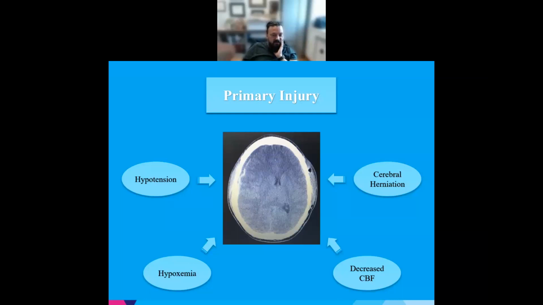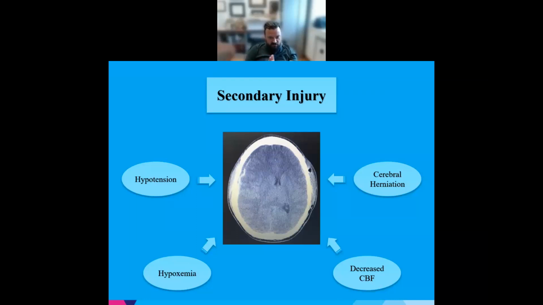And we want to avoid additional injury on top of that. Things like hypotension, hypoxemia, decreased cerebral blood flow, new mass lesion causing cerebral herniation, those can all cause additional injury, which would convert a primary injury into a secondary injury. So we can't really do much about the primary injury. We're trying to avoid secondary injuries in these patients.